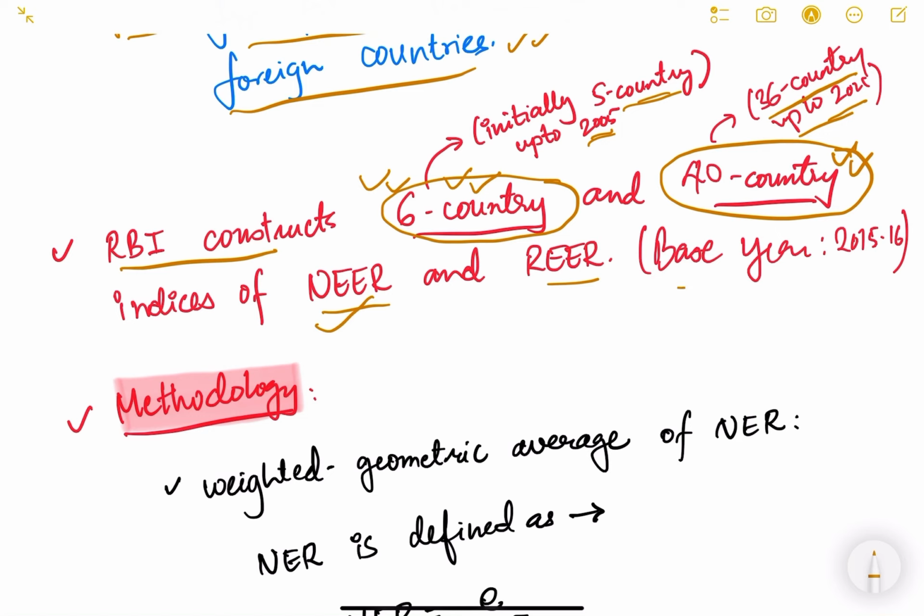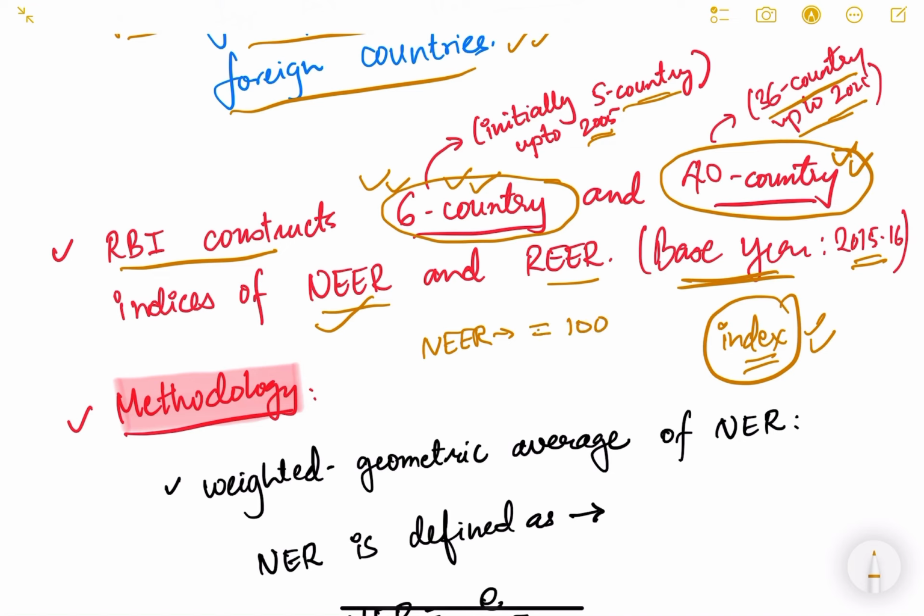Whenever there is an index, I have been repeatedly telling you, there is always a base year. For example, if we calculate NEER for the base year, we equate that NEER to 100, and then later with respect to this 100 we look at the movement.